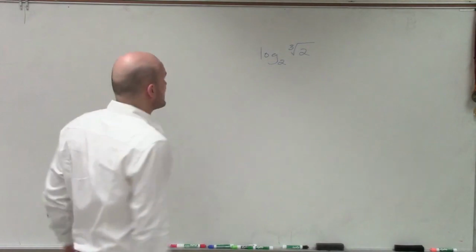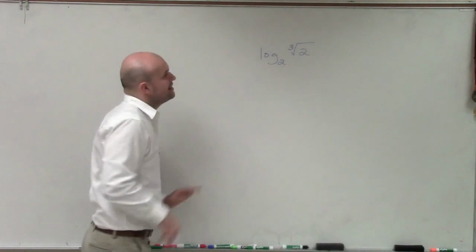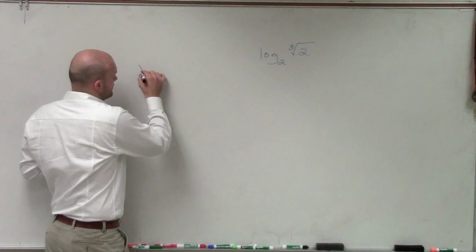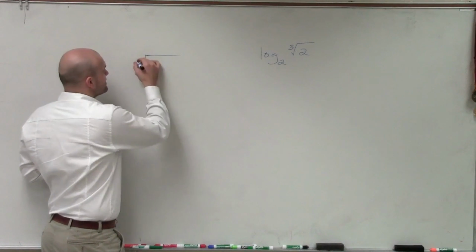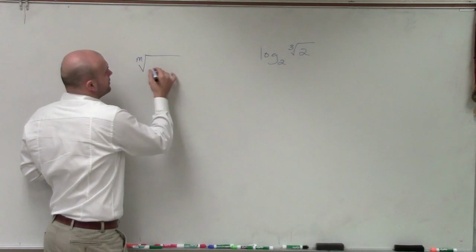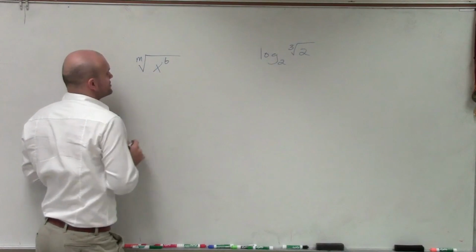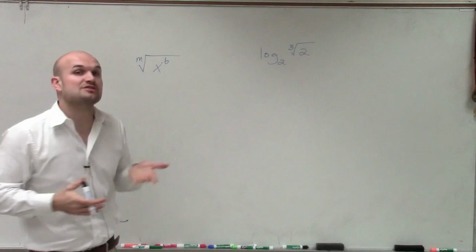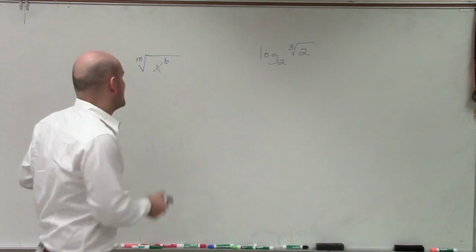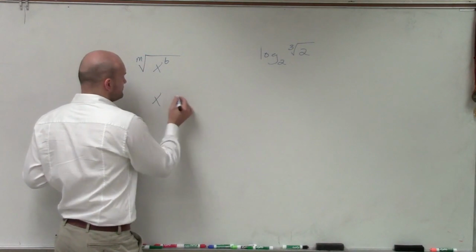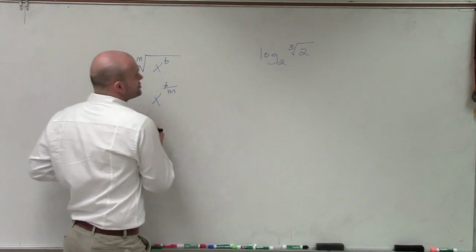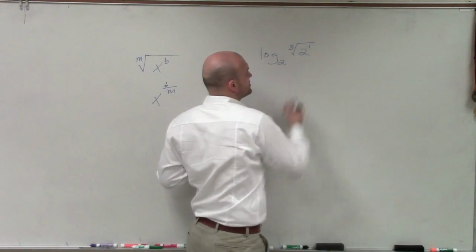So again, when looking at a problem like this, what we want to do is rewrite this as a rational exponent. If I have a radical represented by m, which is the root, and b, which is the power of my radicand, I can rewrite this as a rational exponent, b over m. So in this case, my 2 is being raised to the first power.